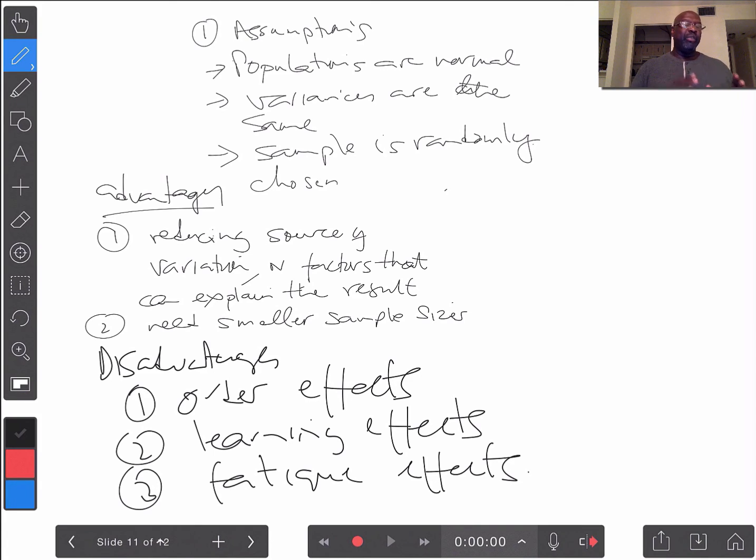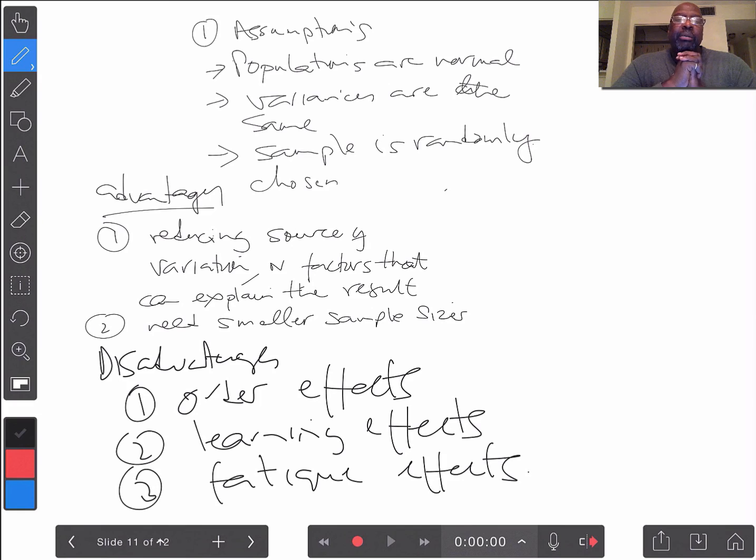Now, in experiments involving human subjects, you tend to find those kinds of issues. So, for example, if we were, say, looking at the effect of training, or maybe different methods on the productivity of employees. So maybe we have 3 approaches or 4 approaches to assembling a particular device. When we're going to experiment by using the same employees. So we teach them method 1, and then we get them to do the assembly. Then we teach them method 2, do the assembly, method 3, method 4.